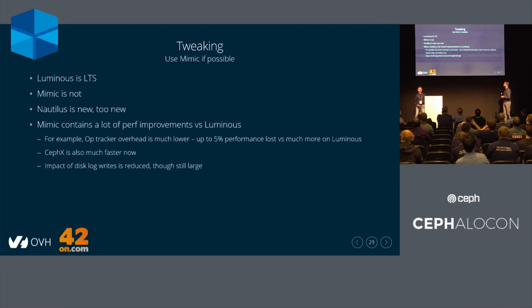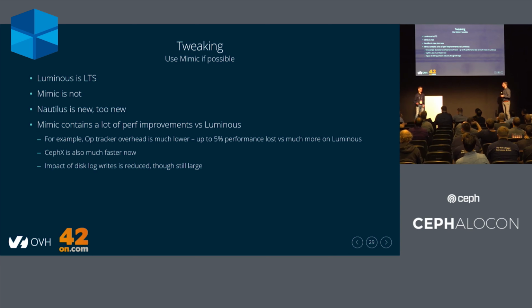You can also try using Mimic instead of Luminous, because Luminous has performance disadvantages. I will show in a second how big this disadvantage is. But if you are going to try Mimic, you can be tempted to try Nautilus. You can, but in our observations, it's quite new, and you might need to do some proper validation whether it is stable enough for you.